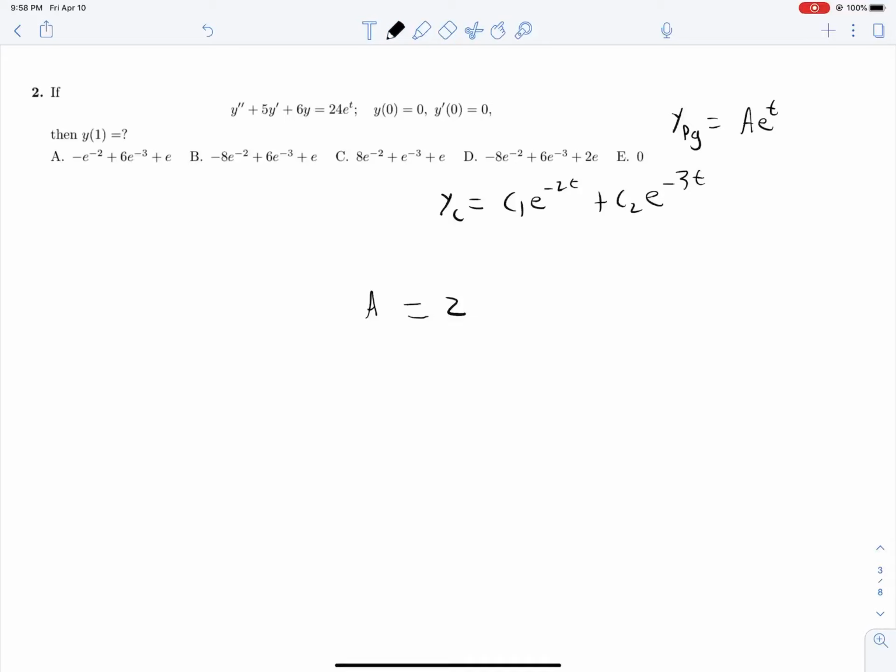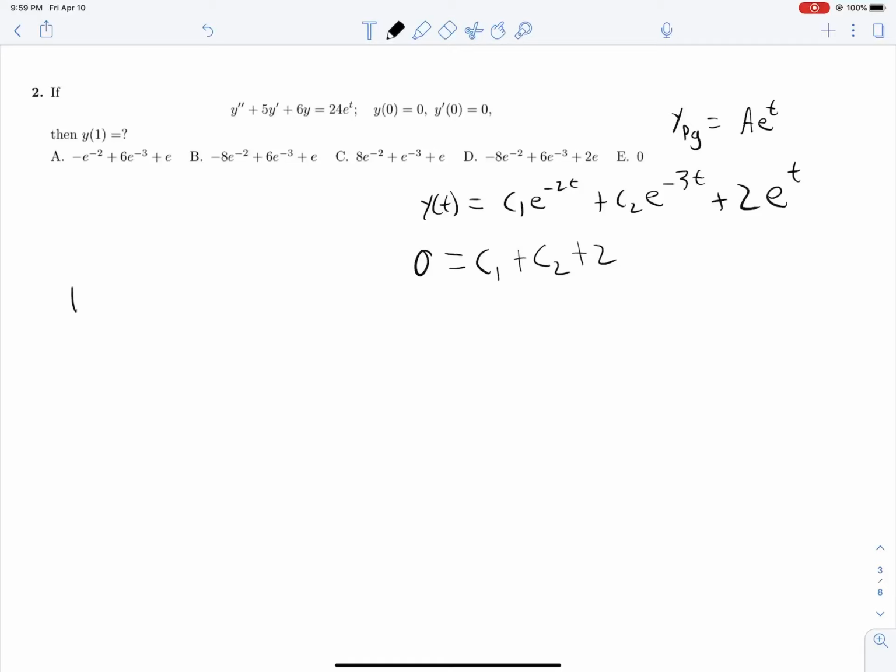So if a is equal to 2, we can take our yc here, turn it into just our y of t, and add in the yp that we found, which was 2 e to the t. We know that y at 0 is 0, which pretty much means that 0 is equal to c1 plus c2 plus 2. So we can set up a first line of our augmented matrix.